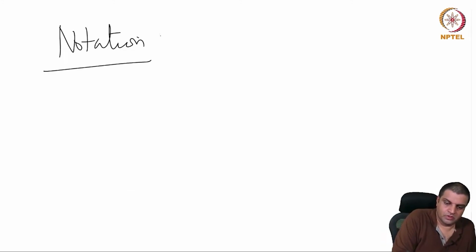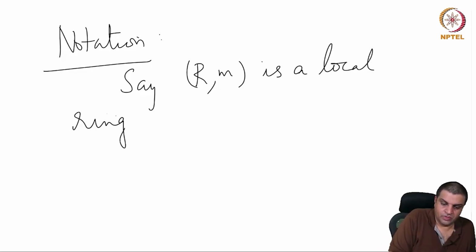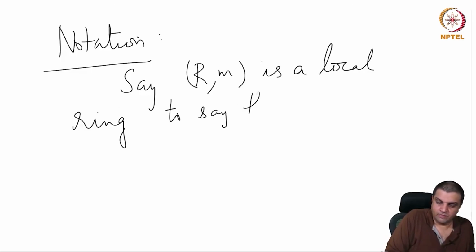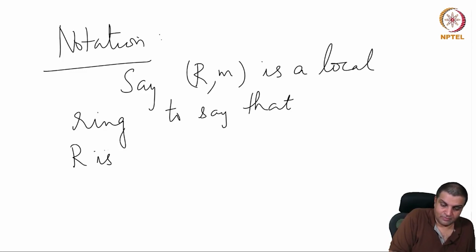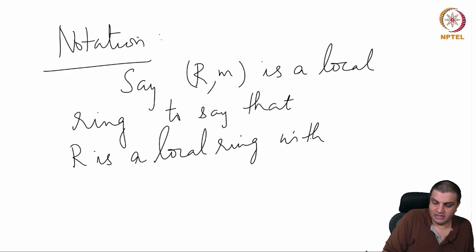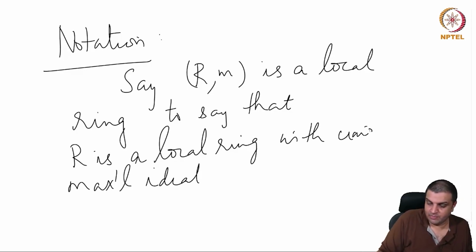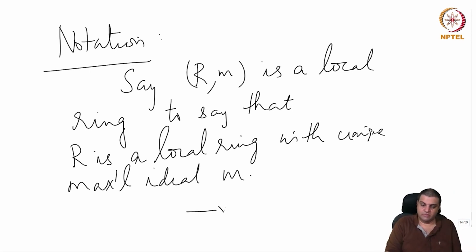When we say R_m is a local ring, we mean that R is a local ring with unique maximal ideal m.